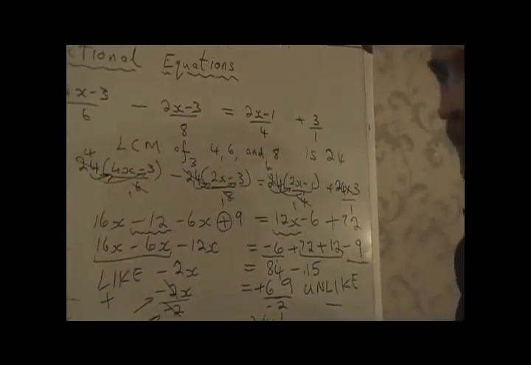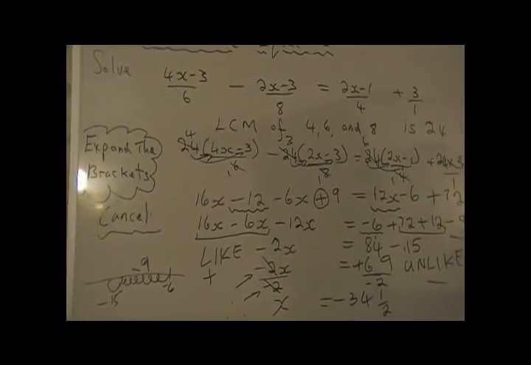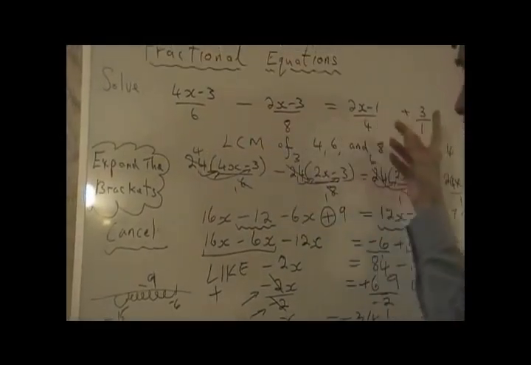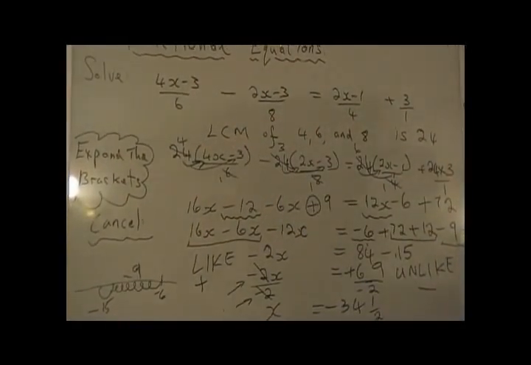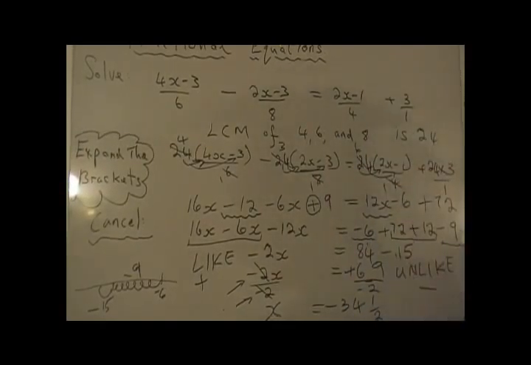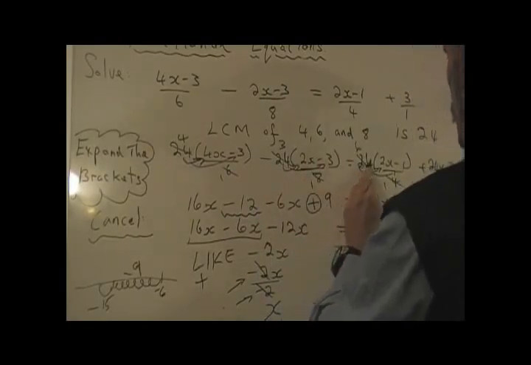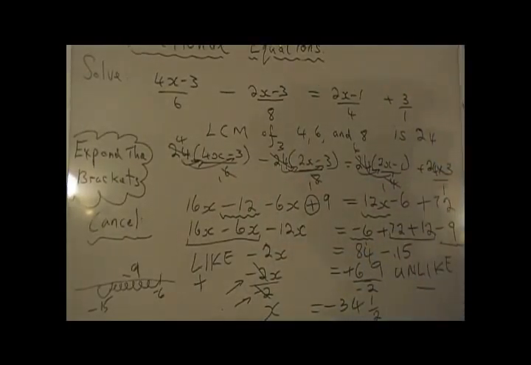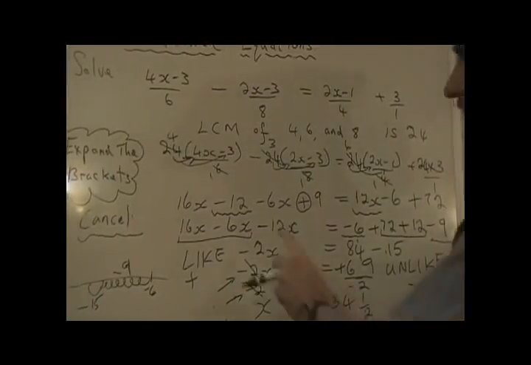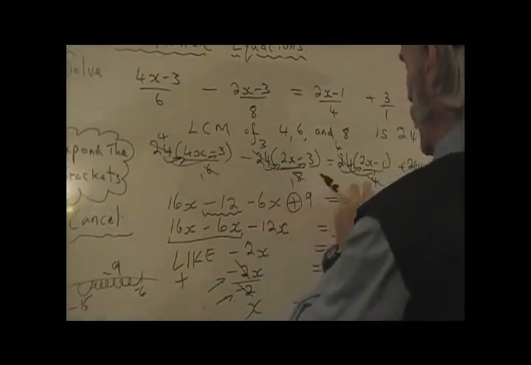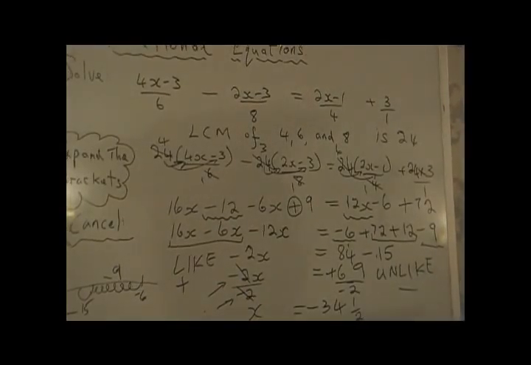Let's have a little look at some of the things that happen during the equation. We start off with a very complicated equation with 6, 8s and 4s to find the LCM, and the LCM is 24. I then multiply every term, or every bracket, by the LCM, and I then cancel my fractions because I have to eliminate the fractions.